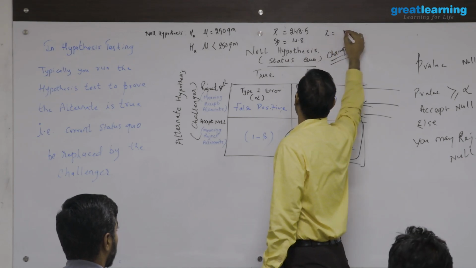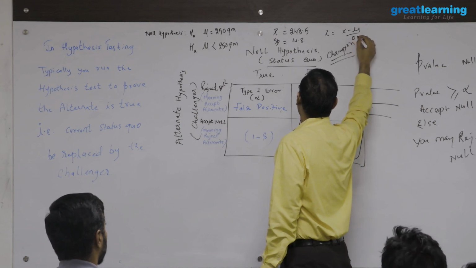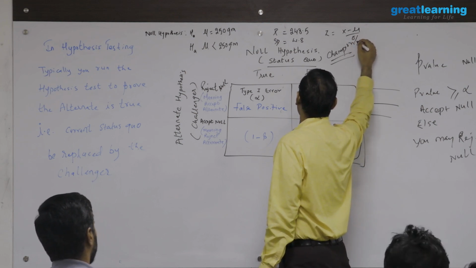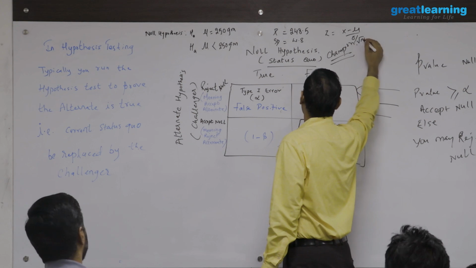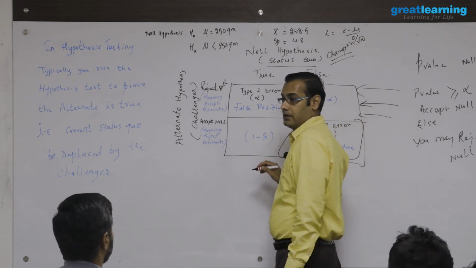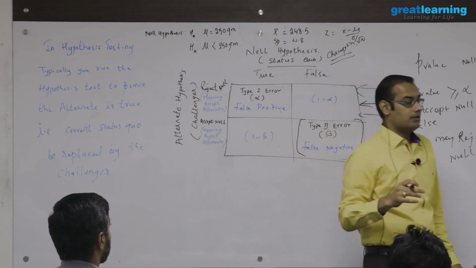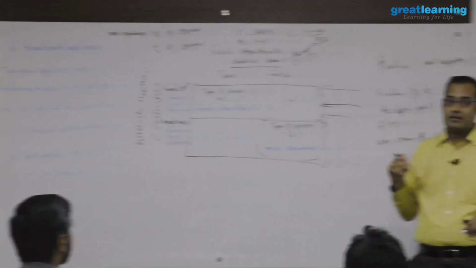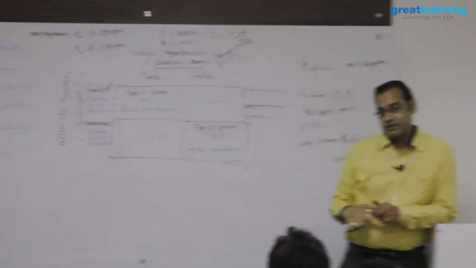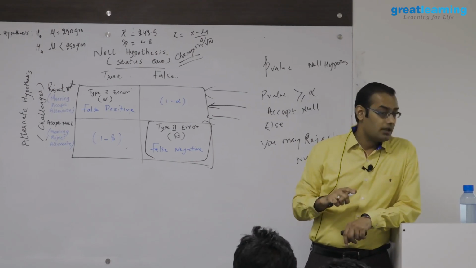Z is equal to x bar minus mu divided by sigma divided by root of n. So where is sigma? Is this sigma of sample or population? Sigma is population, but standard deviation is available of the sample.